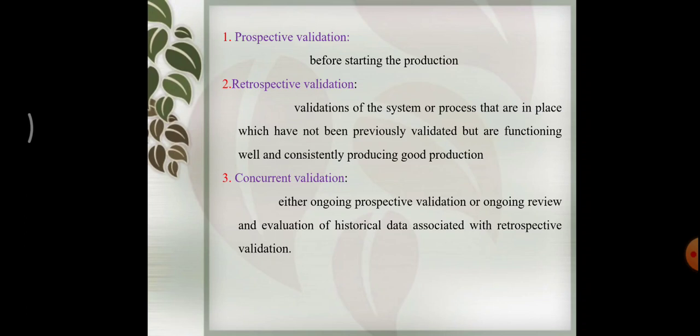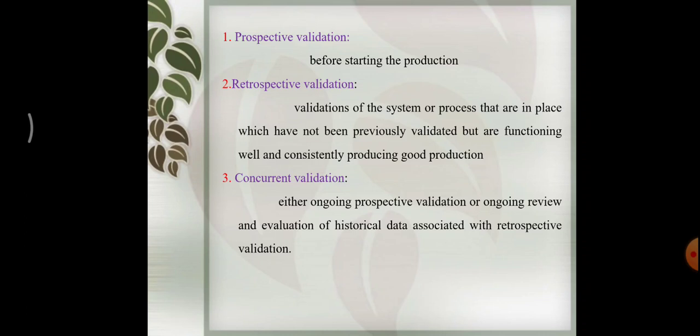And why do we need the revalidation here? Whenever any changes are made in the process or its environment, it is essential to ensure that they do not have any adverse effects on the product quality or process characteristics. For example, changes in starting materials, packaging materials, process design, equipment, or the support system or production area.